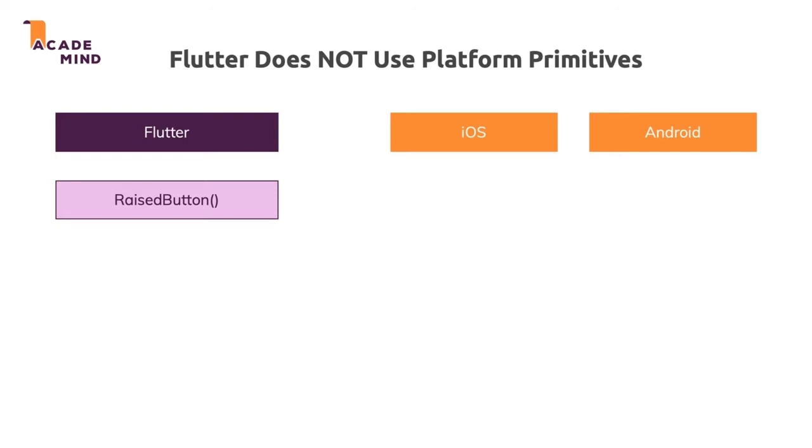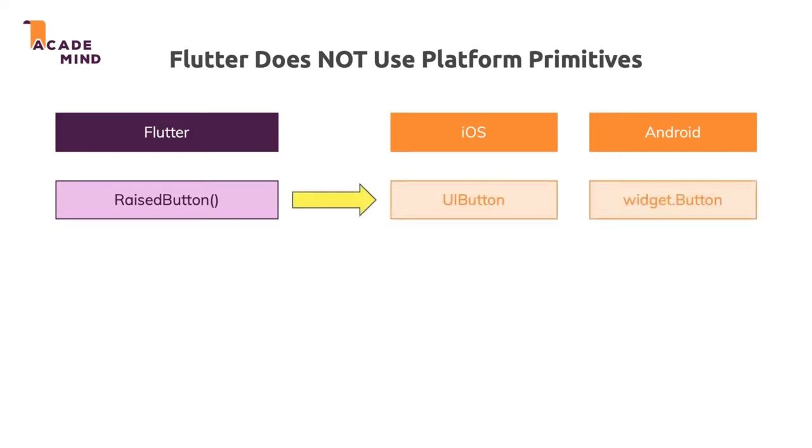Now, you could think that what happens when the code gets compiled to that native code is that this raised button is translated to, hey, iOS, please give me your default button, which would be a UI button element in the iOS development world, and for Android, a widget.button, that we get these native buttons, which are, of course, part of the native development environments. And that's not what happens.